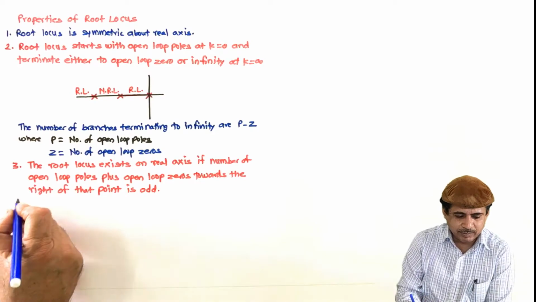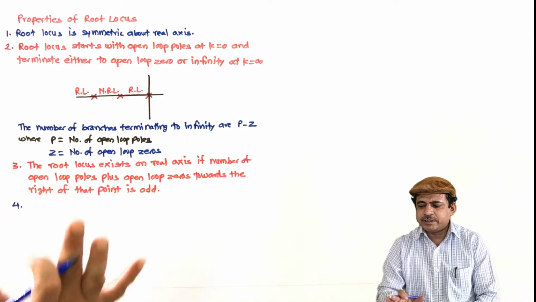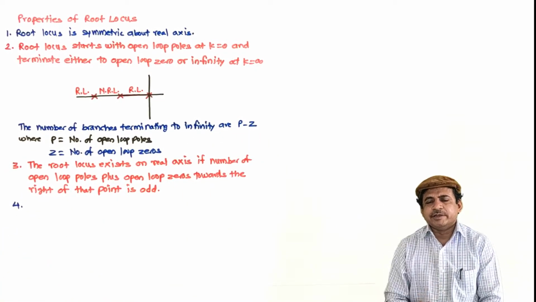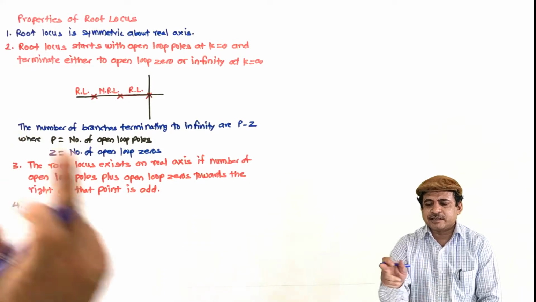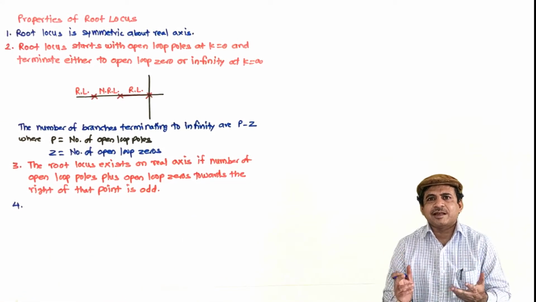Then the property number 4 is, so here we have said that the p minus z branches are approaching infinity, and as I said, it is a circle of radius infinity, so at some point they will end, but where and how?